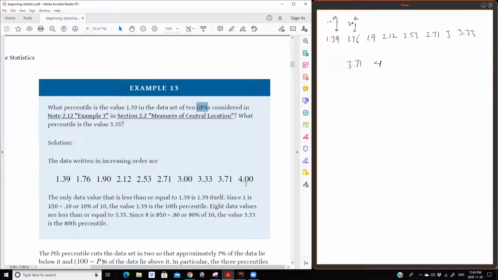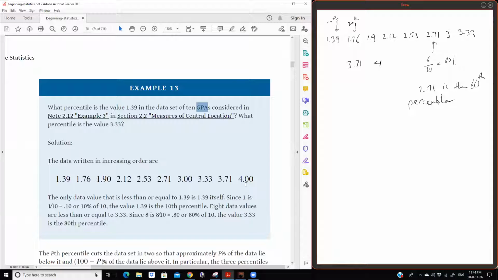How many numbers are less than or equal to this number? 1, 2, 3, 4, 5, 6. 6 out of 10, which is the same thing as 60%. So the 2.71 is the 60th percentile of the data.